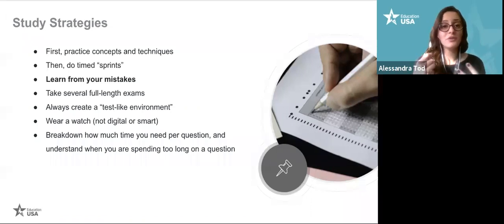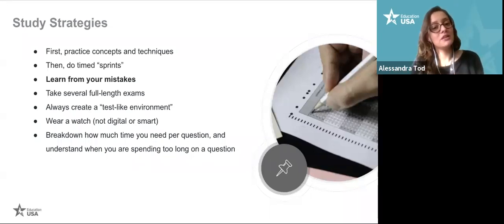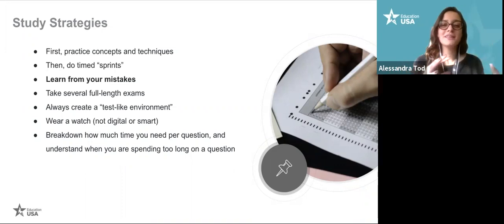If you miss something, go back and learn from your mistakes. When you are checking the times and you break down the time per question, you can see what kind of questions you are spending the longest on. So you go back and understand why that is happening, so you can manage your time better.